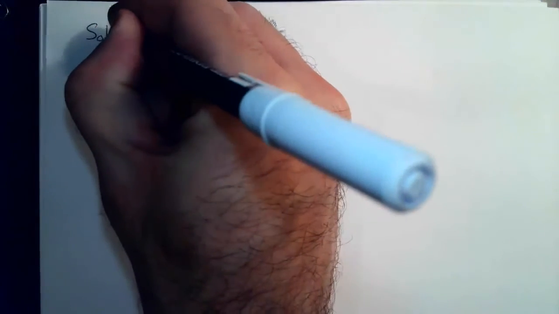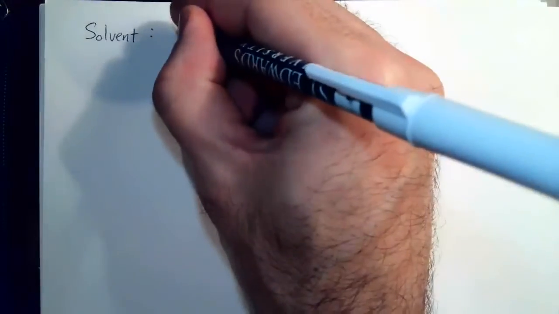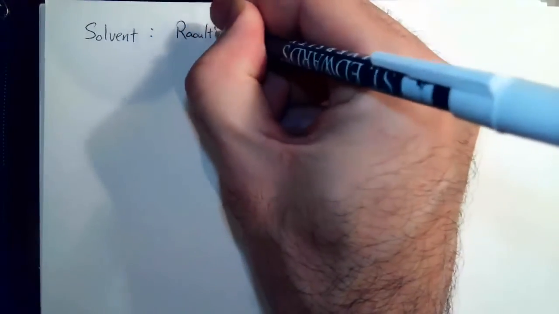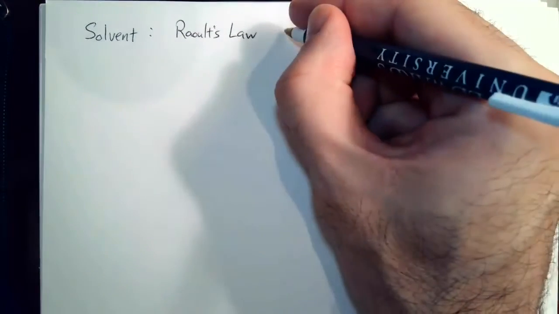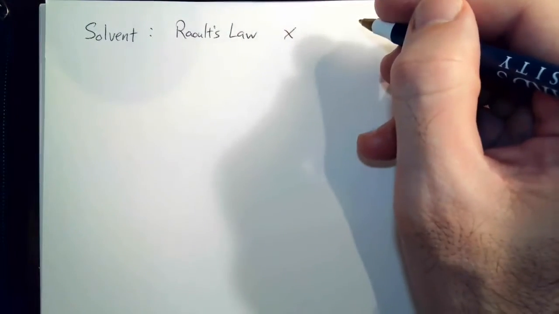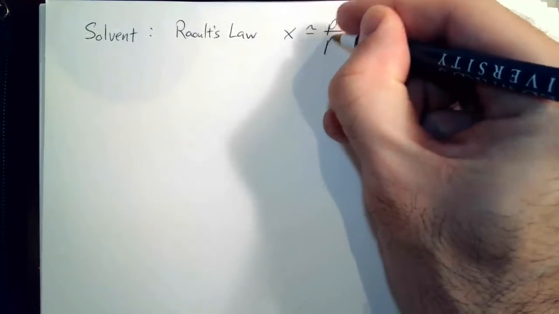All right, and also in 5F, we talked about solvents and solutes. So we said a solvent, as it approaches the ideal case, obeys Raoult's law, which is that X is approximately P over P star.